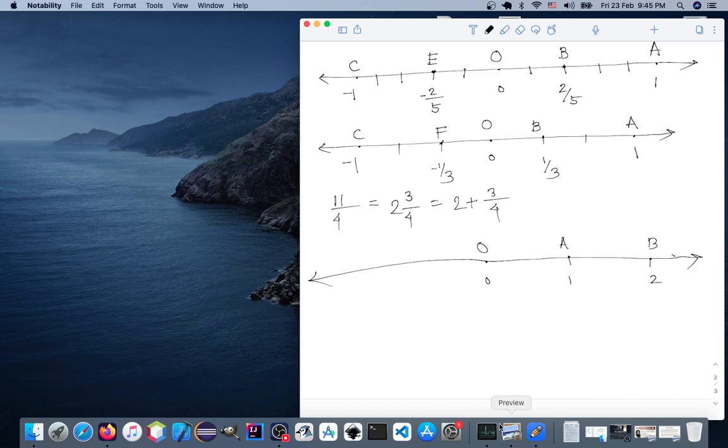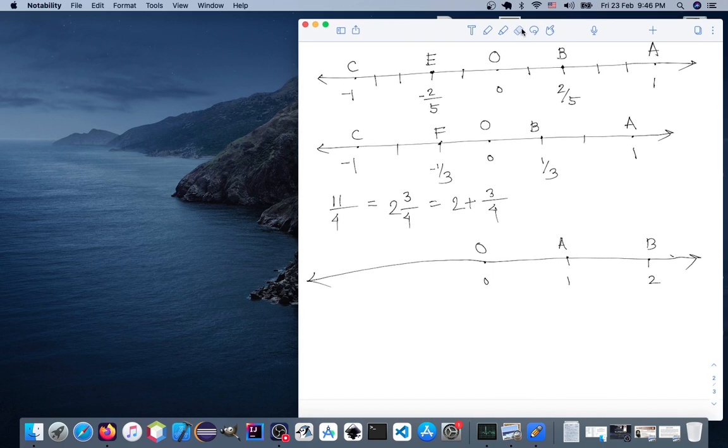Now 3 by 4. It is difficult to represent. Let's redraw this.